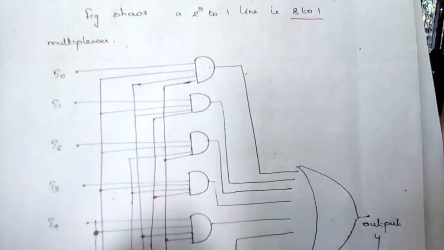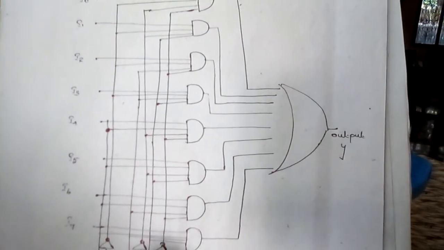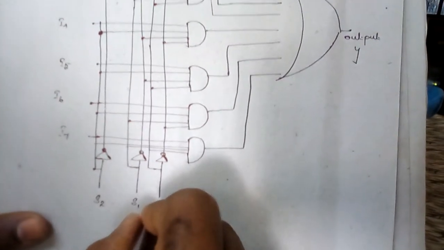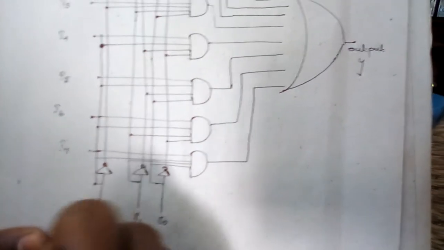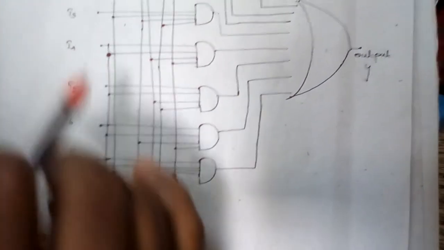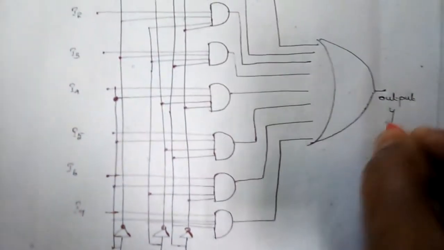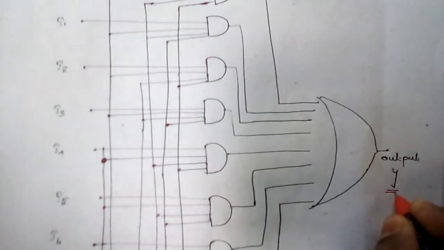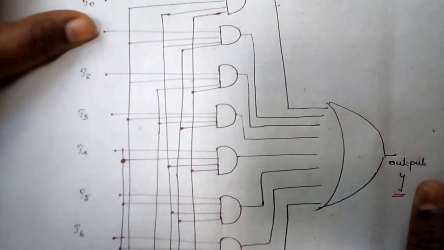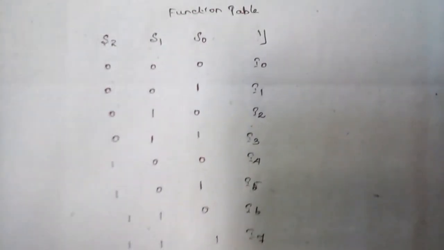In the 8 to 1 multiplexer, we have the inputs I0 to I7, and S2, S1, S0 are the three data selector inputs for the multiplexer, and the output here is Y. The function table for this 8 to 1 multiplexer is shown here.